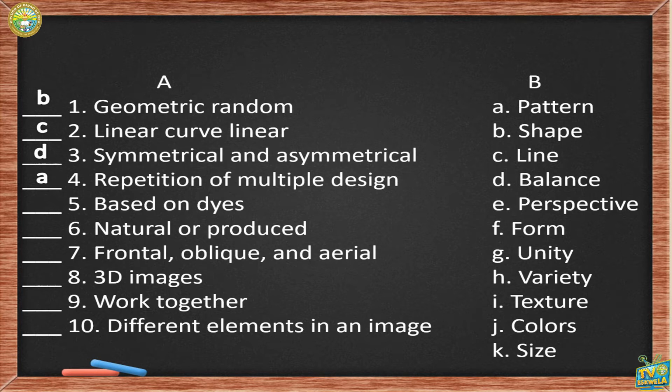For number 5, based on dice. Very good! The correct answer is letter J, colors. For number 6, natural or produced. Correct! The correct answer is letter I, texture.